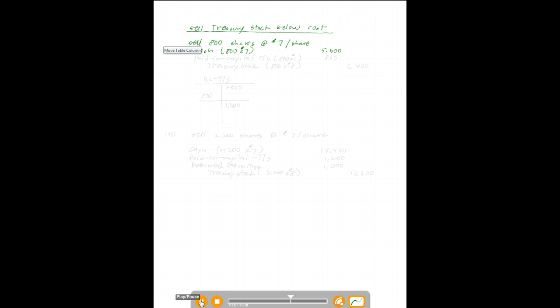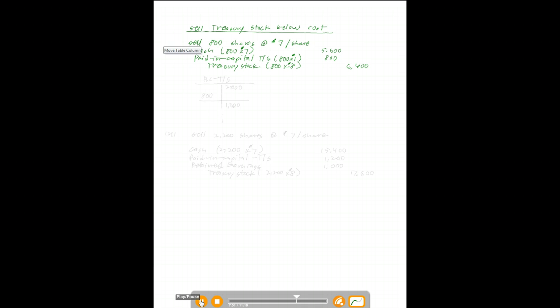But again, instead of recognizing a loss, we run it through the treasury stock paid in capital account. So we will debit paid in capital from treasury stock for the $1 a share, 800 times $1, or $800. And we will credit treasury stock at our cost, which was 800 times $8 a share. So again, this is our cost for the amount that we sold.